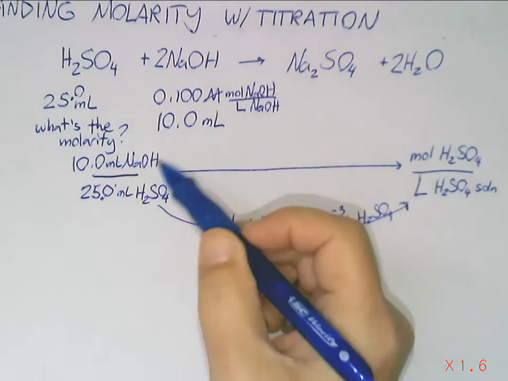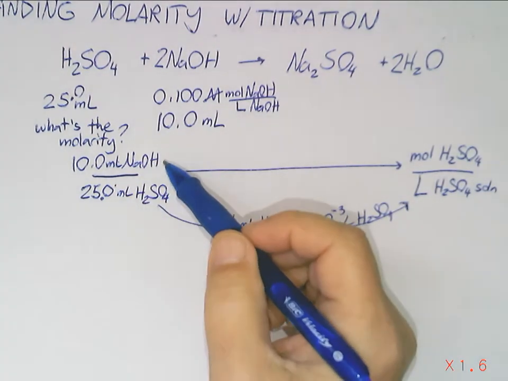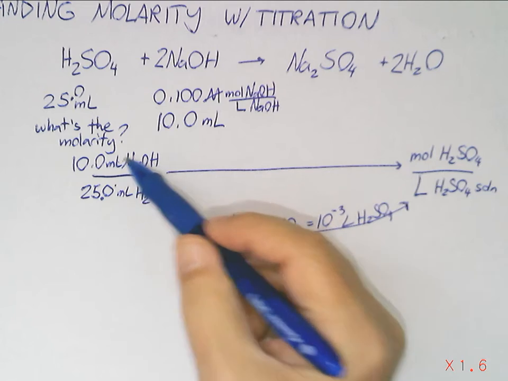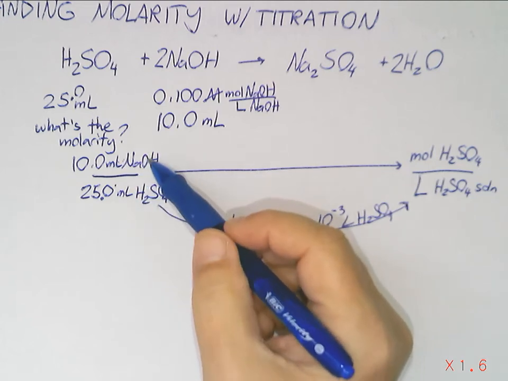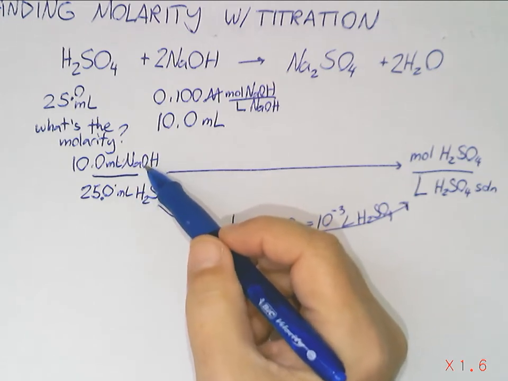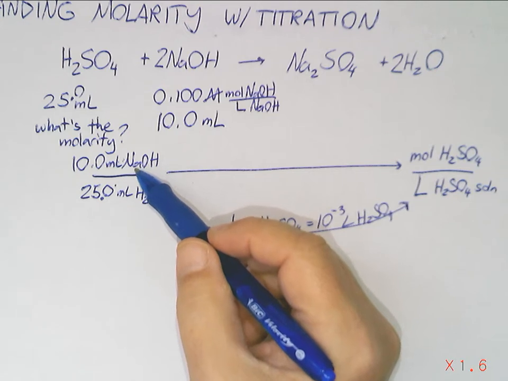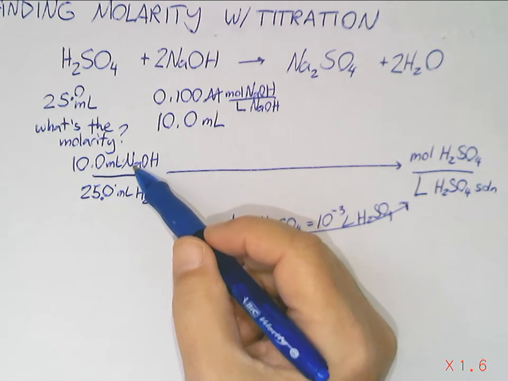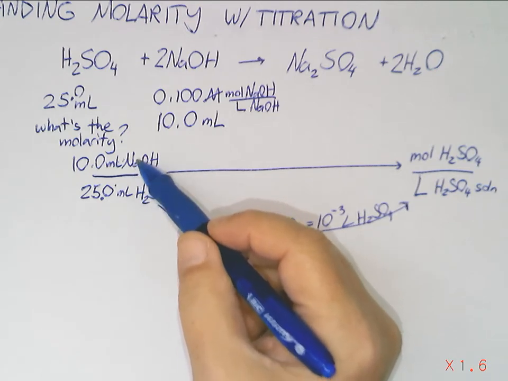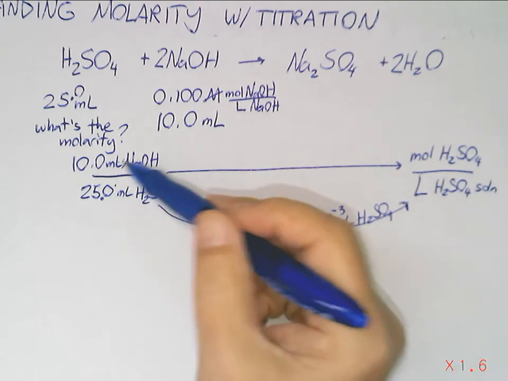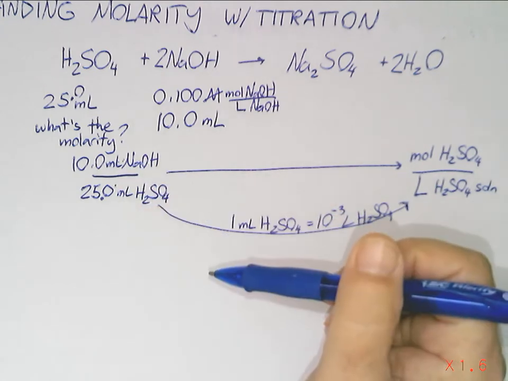Now notice something that is going to help keep me from getting lost later. I am labeling these 2 volumes according to which substance I've got. And if I do that, I can make the units cancel out properly, and I can set up the problem pretty quickly. But take the extra time to write out which substance it is you're talking about.